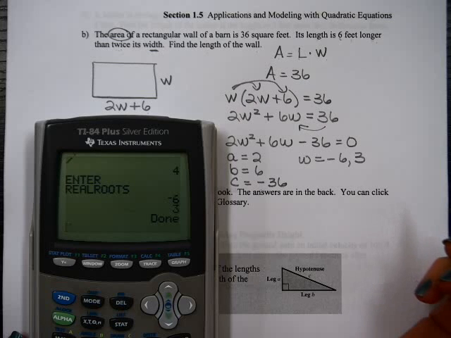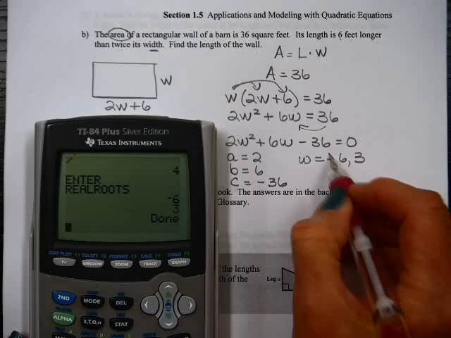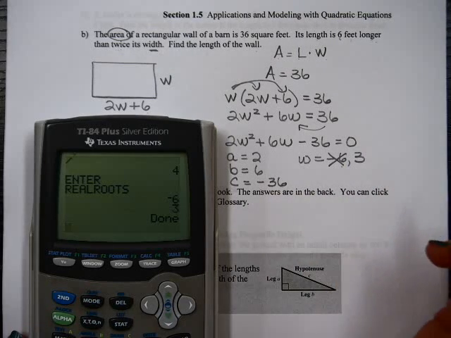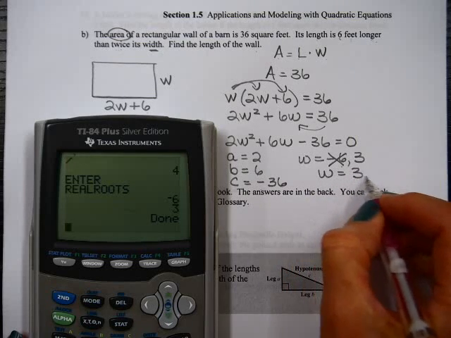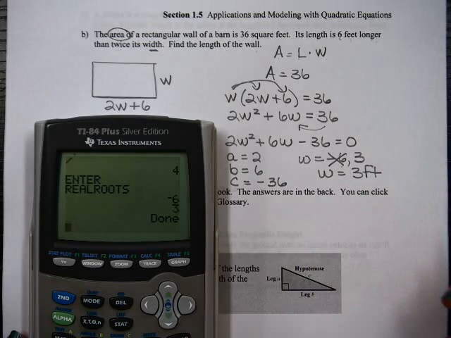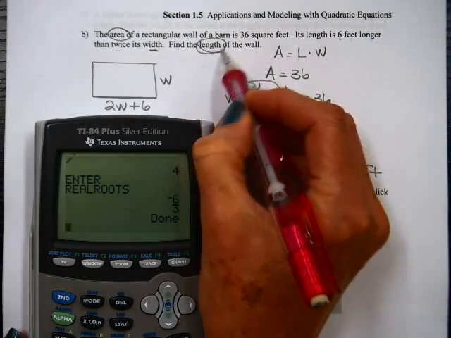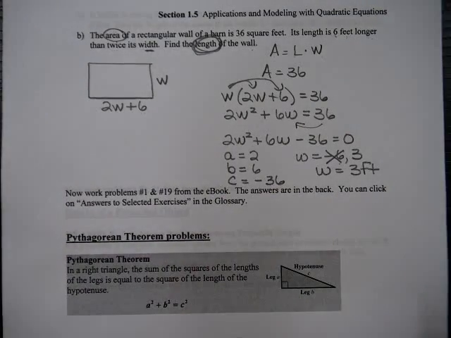Again, are these answers reasonable? What about this negative 6? No, we are talking about a wall. A wall cannot measure negative 6. So we got that width is equal to 3 feet. Okay, that's an answer, but is it the answer to the question? Let's go back. Find the length of the wall. What we found is the width of the wall.